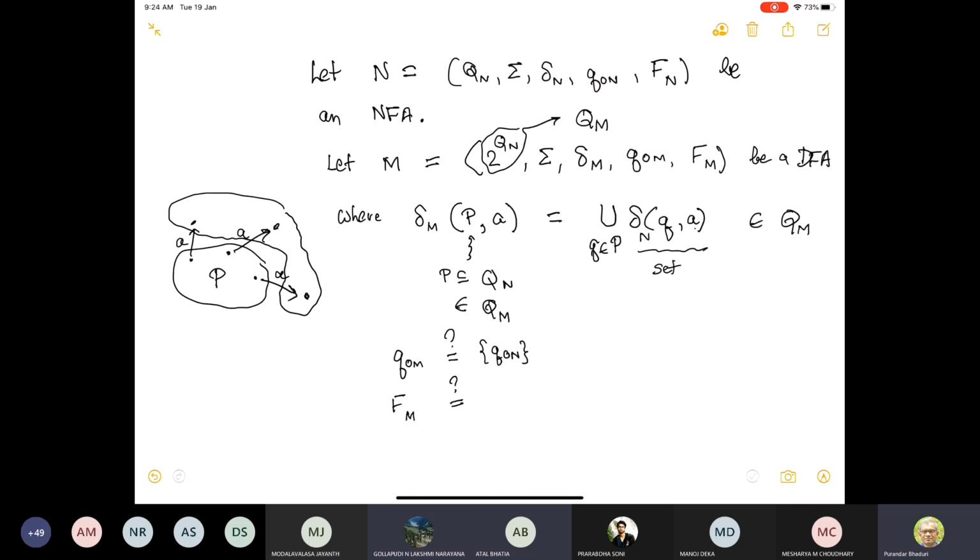No. So it should be containing F_N. It is the set of all sets, sorry, let me use P, etc. So any state which has a final state of N as an element is a final state.